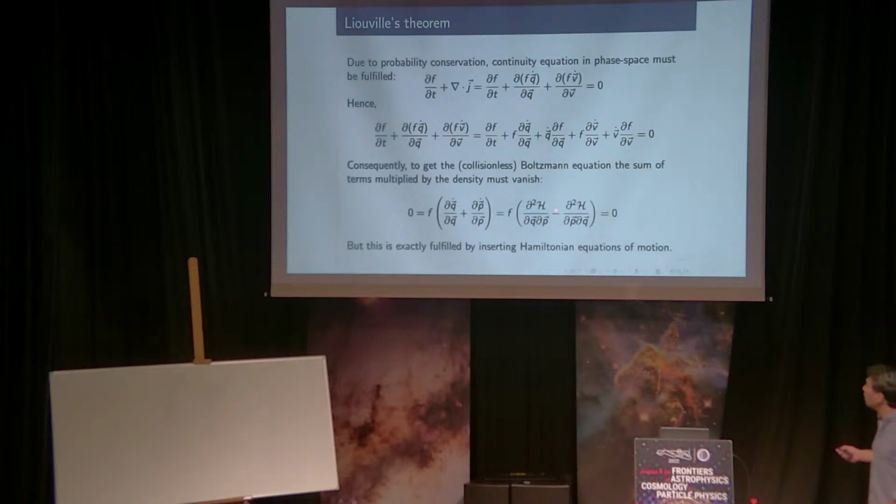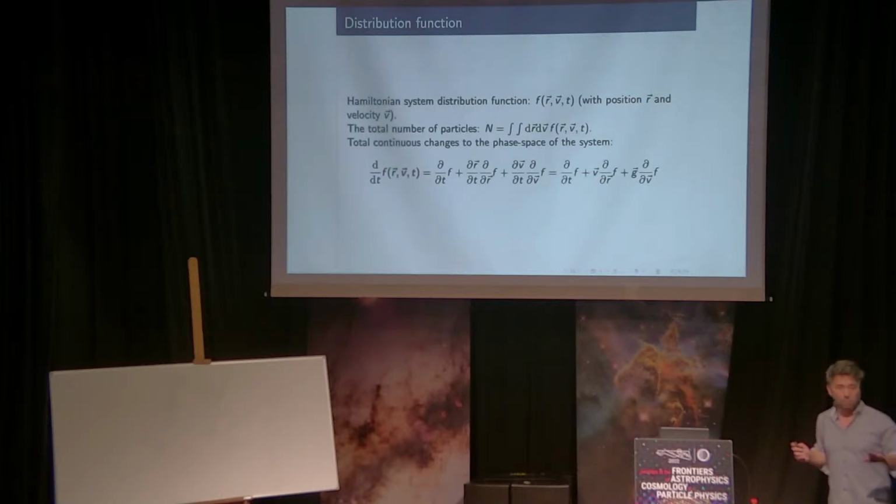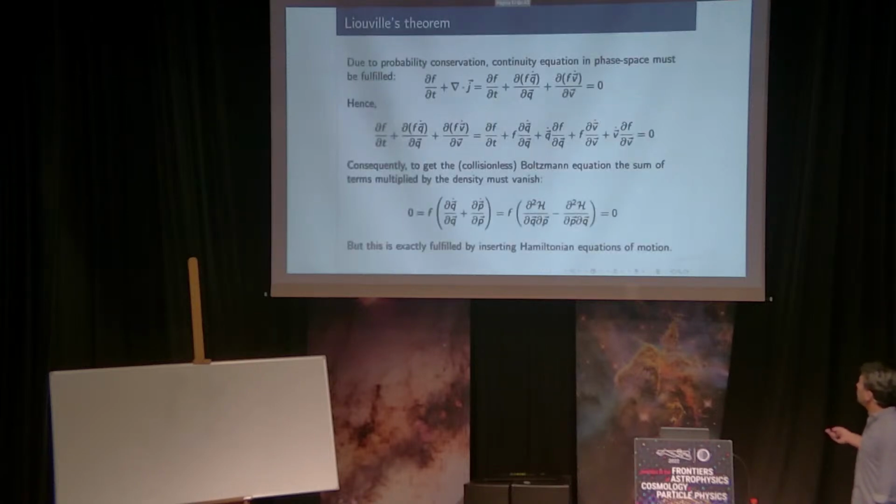However, if you include Hamilton's equations of motion, then several terms cancel out, and you end up with this being equal to 0, if we are considering only continuous changes. Of course, if you have discontinuous changes, you get the general expression of the Boltzmann equation, but equal to 0 in this case.